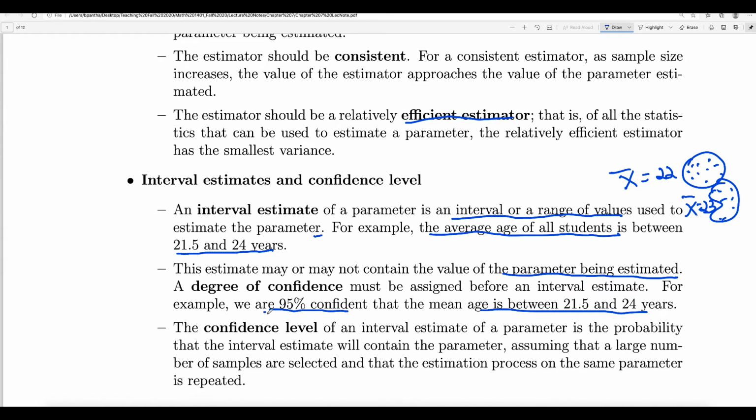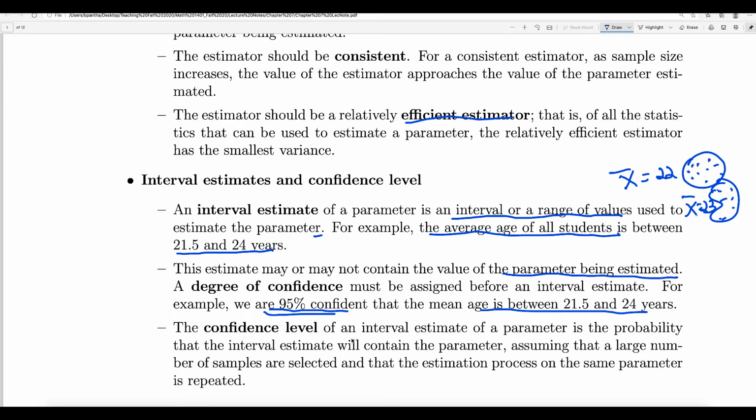Or we'll say we are 98% confident, 99% confident, or 90% confident. We will find the range depending on the level of confidence we want. That's what we will be doing.